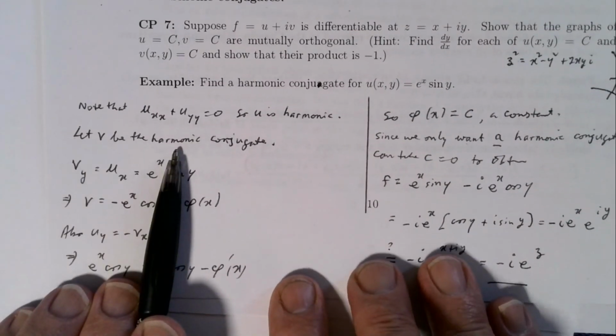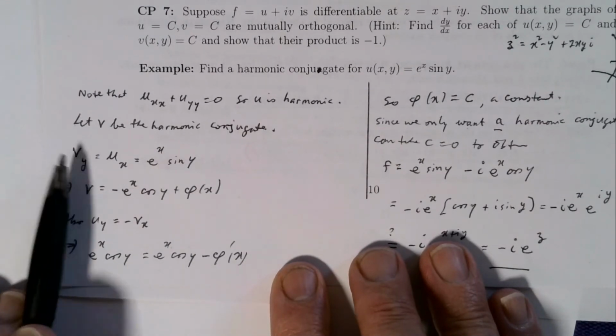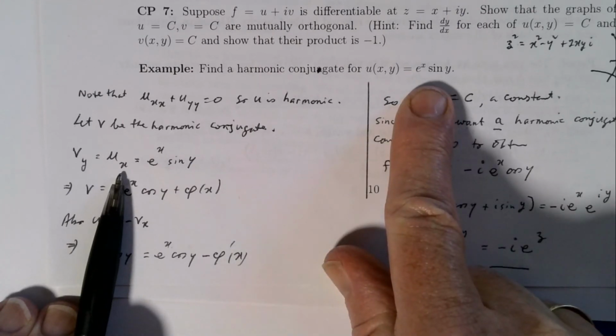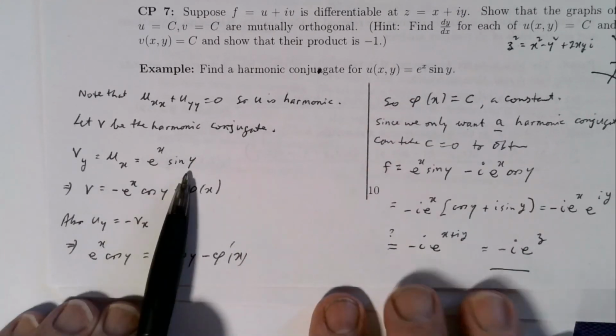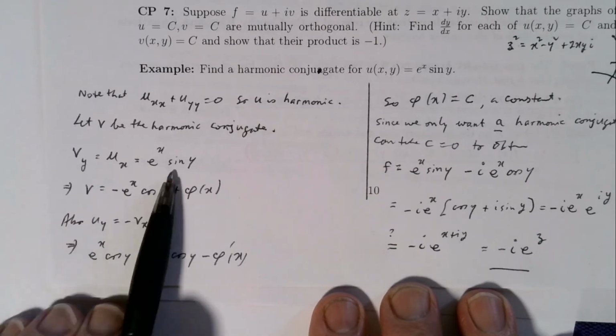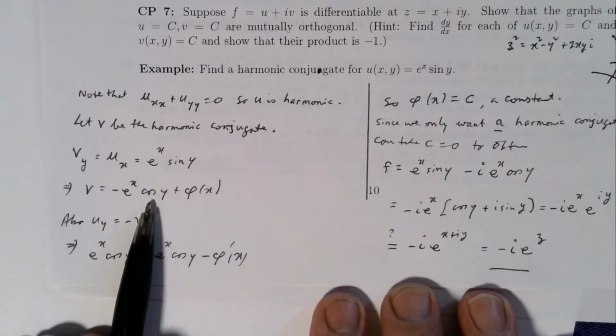Now, by the Cauchy-Riemann equations, v sub y is u sub x, and we can get u sub x from here. It's just e to the x sine y. And so I can partially integrate this expression here. So the integral of sine y goes back to minus cos y.